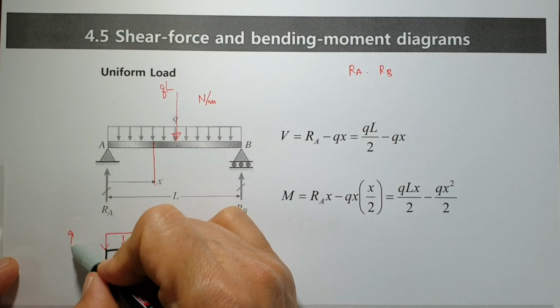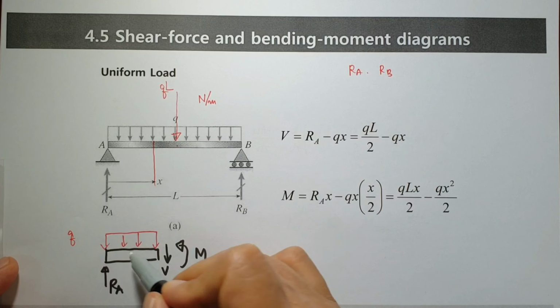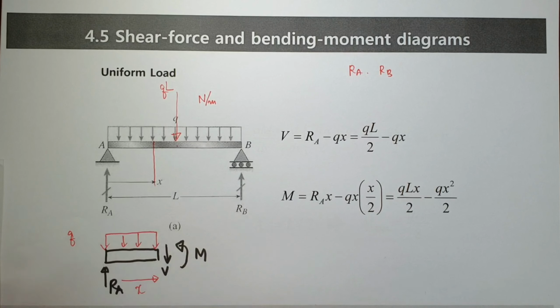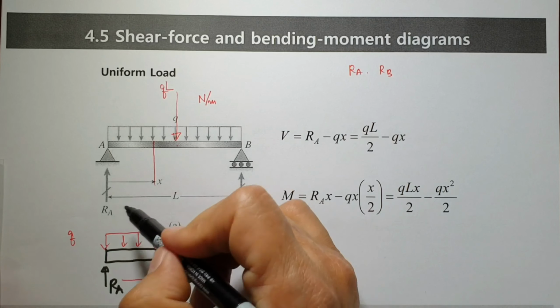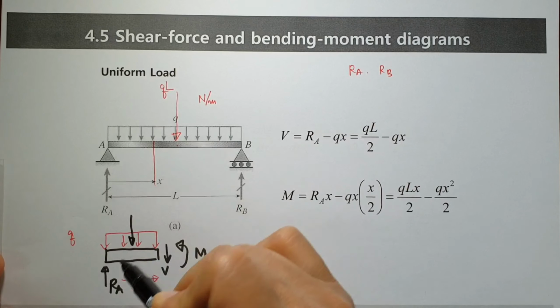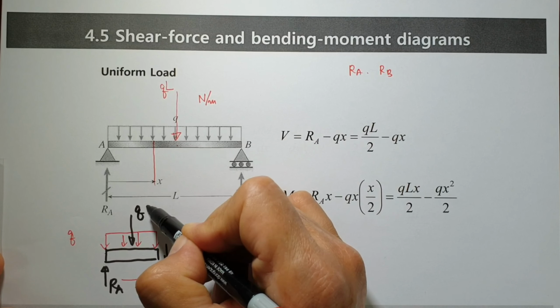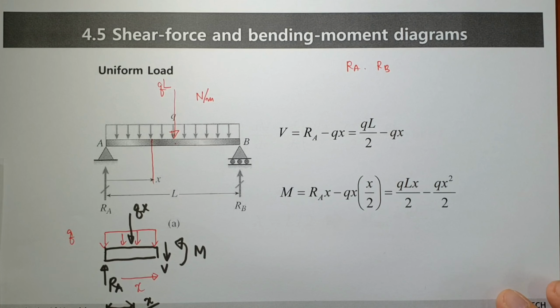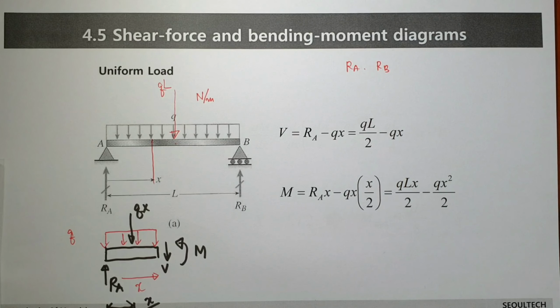This one is Q, and this distance is what? X. And equivalent force is acting like this one. This one is QX, acting at a distance of x over 2 position. Okay, this kind of free body diagram is available.